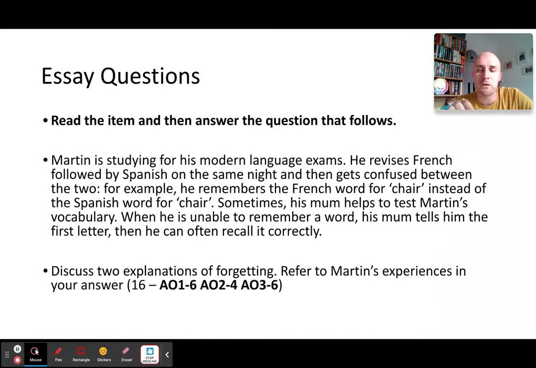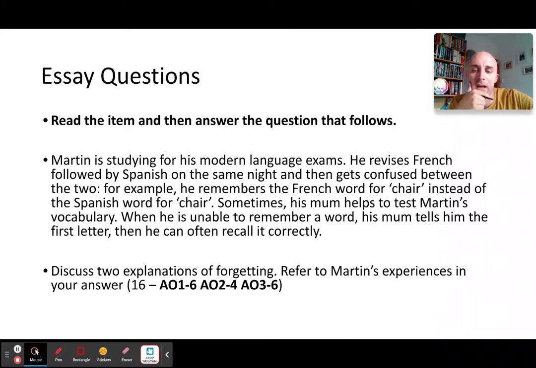He remembers the French word for chair instead of the Spanish word for chair. Now, what is that, proactive or retroactive? What one did he do first? Is it older affects new? That's proactive. Or is it newer affects old? That's retroactive. So he revises French followed by Spanish. So you would need to know whether that's proactive or retroactive.